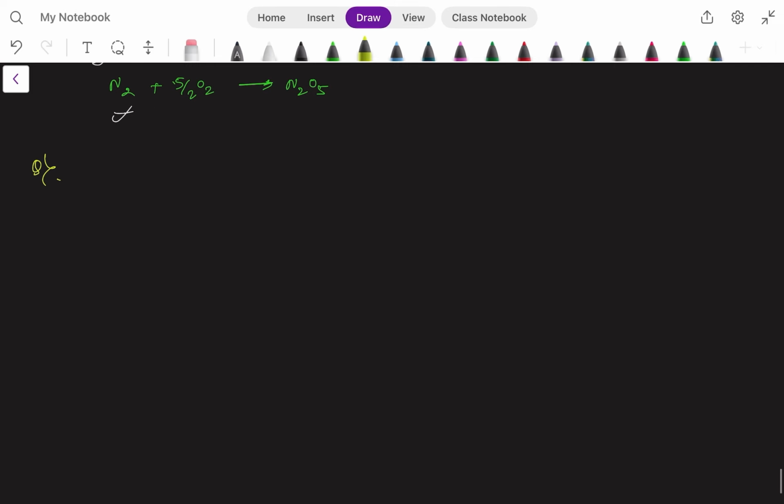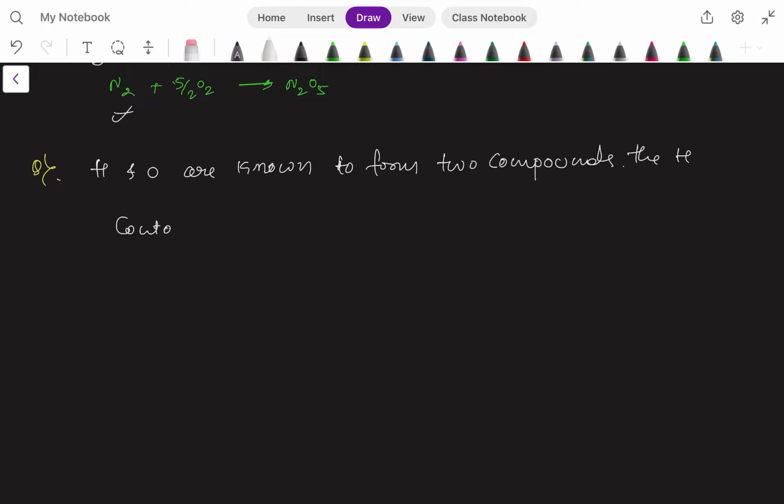You try to solve. Hydrogen and oxygen are known to form two compounds. The hydrogen contained in one of these is 5.93 percentage, while in the other it is 11.2 percentage.